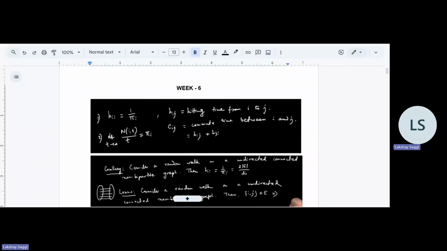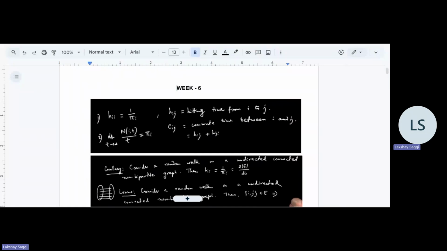So if you have started a Markov chain, then suppose till time t, we have run through the Markov chain following some probabilities. Then what's the expected number of times the state I has been hit? And this kind of a number is actually equal to pi I.